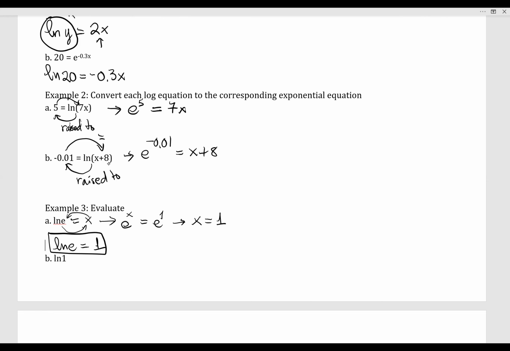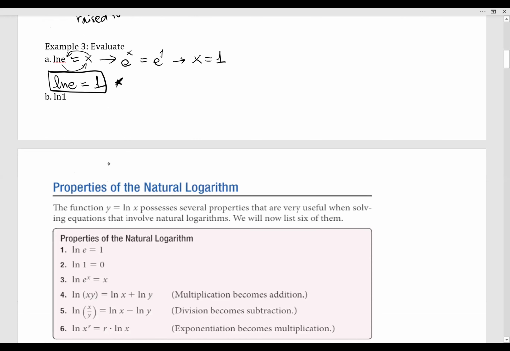Okay, so I put a star for this. And now let's move to B. Similarly, I'm going to put ln 1 equal to y, and then change it to exponential form: e to the power y equals 1. Then I'm going to change 1 to become base e to some power.